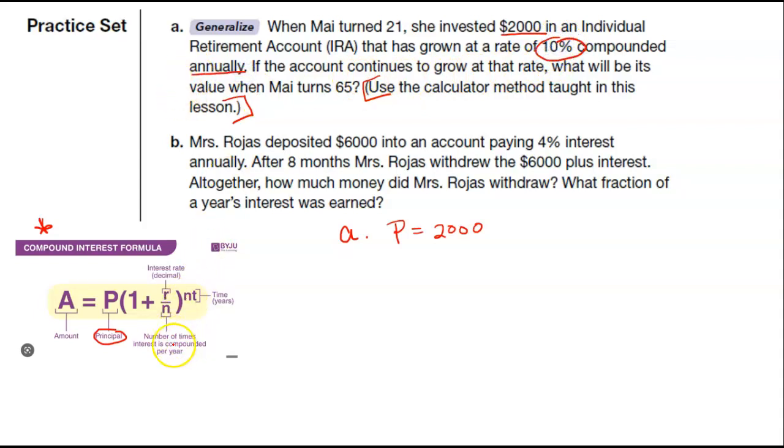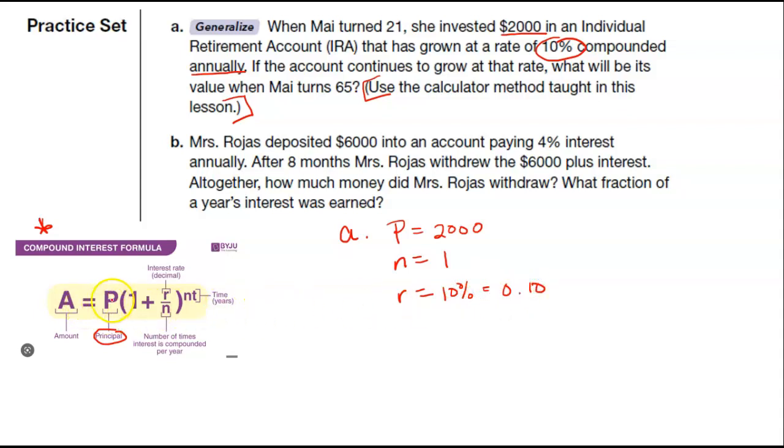The number of times the interest is compounded per year, that's N. It's compounded annually, so it's only compounded once per year. The interest rate as a decimal is R, and 10% is equal to 0.10 as a decimal.